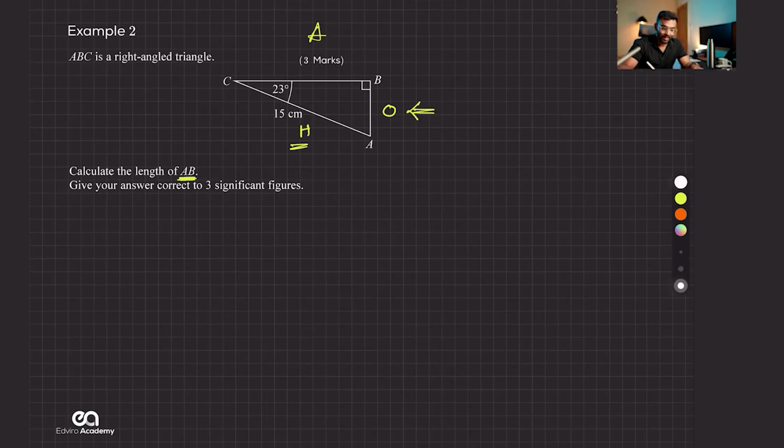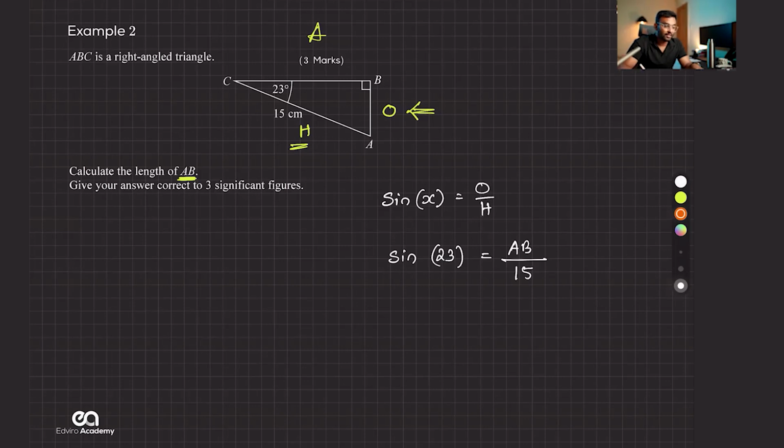So we will do sine of x equals O by H. You need that formula. So sine of 23 equals O, which is AB, divided by 15, which is the H value.